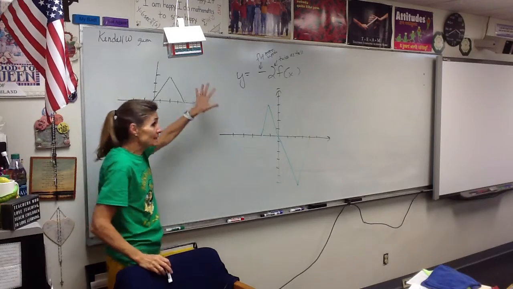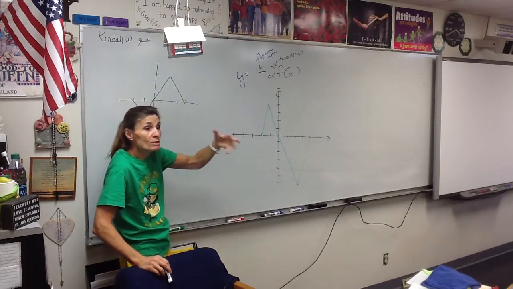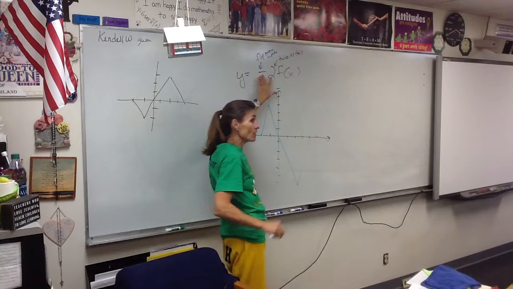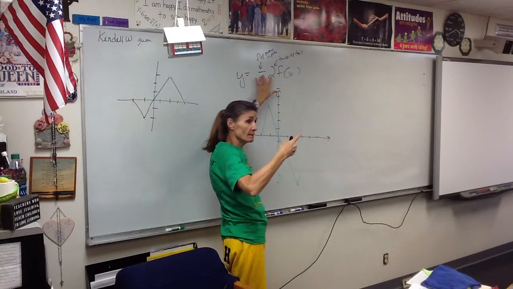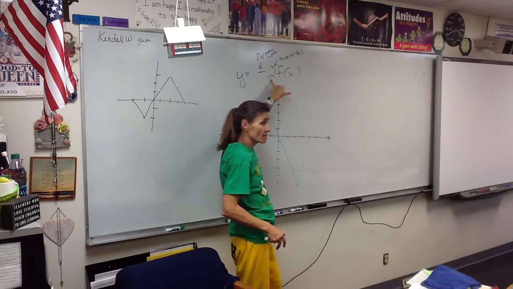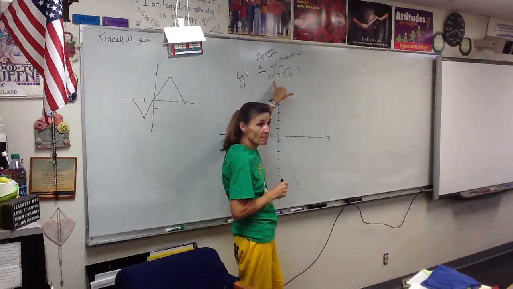Now, that exact problem isn't going to be on Monday's quiz. What are you supposed to be getting right now from this? If there's a negative out in front, it flips it upside down. If there's a multiplier here, whatever that is, it multiplies the height by that amount.